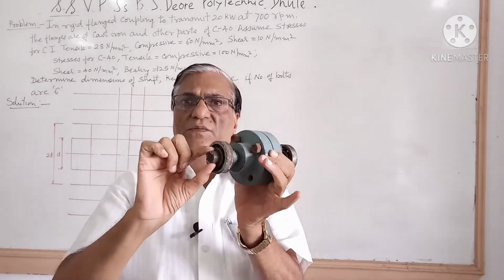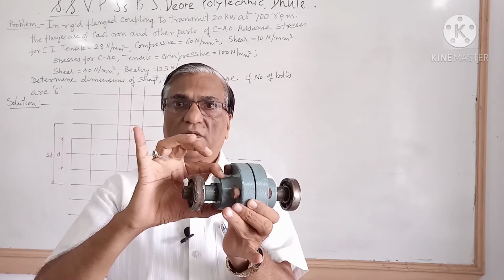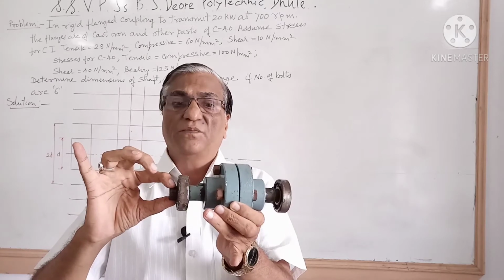This is the shaft, and this hub is double, 2D, where D is the diameter of the shaft.